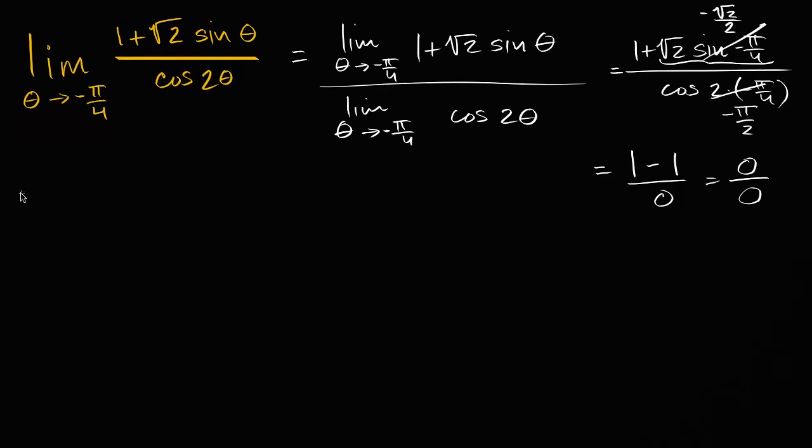So if I have 1 plus √2 sin θ over cos 2θ, as you can imagine, the things that might be useful here are our trig identities. And in particular, cos 2θ seems interesting. Let me write some trig identities involving cos 2θ.